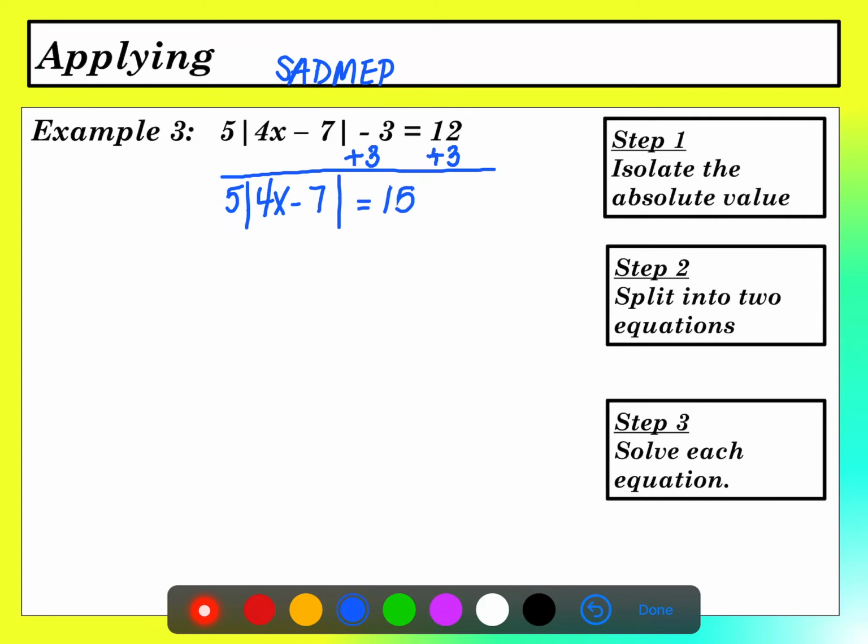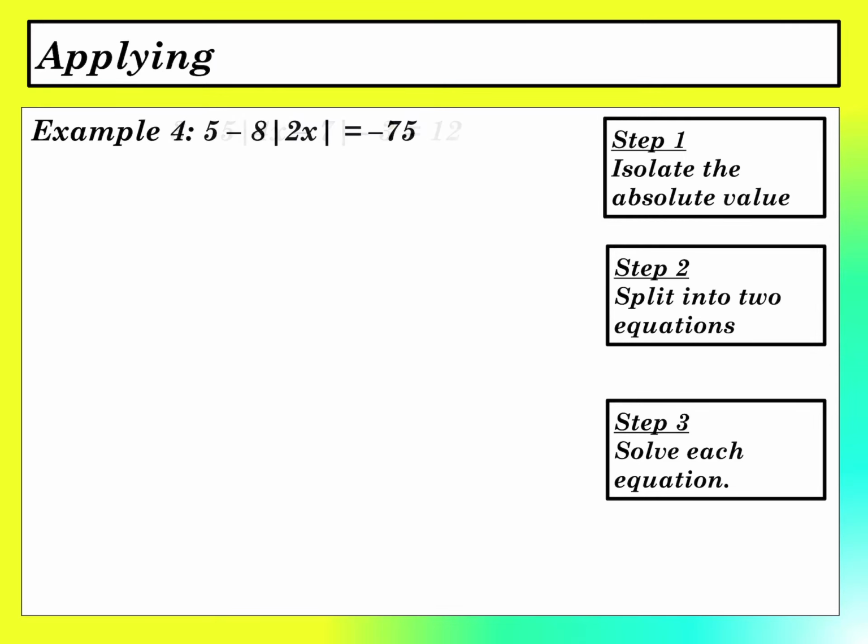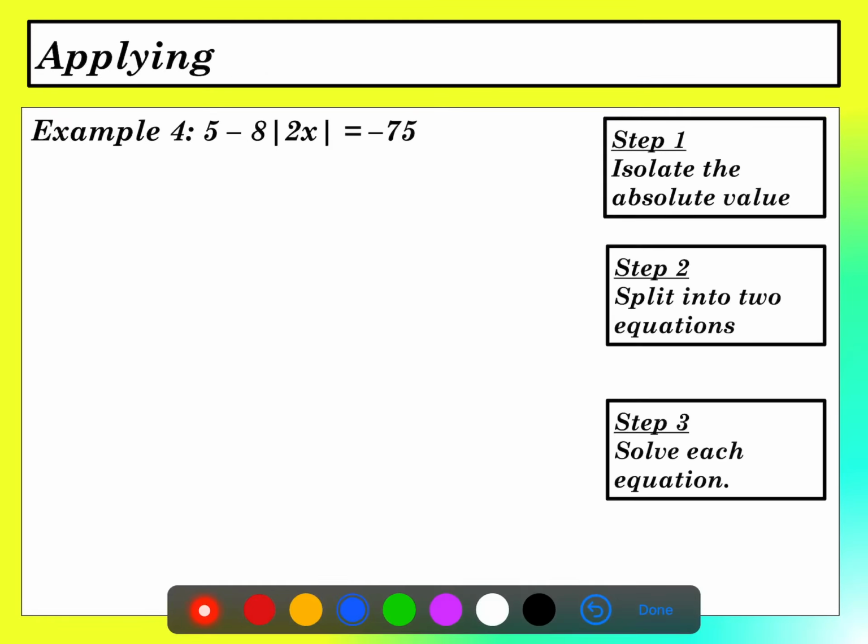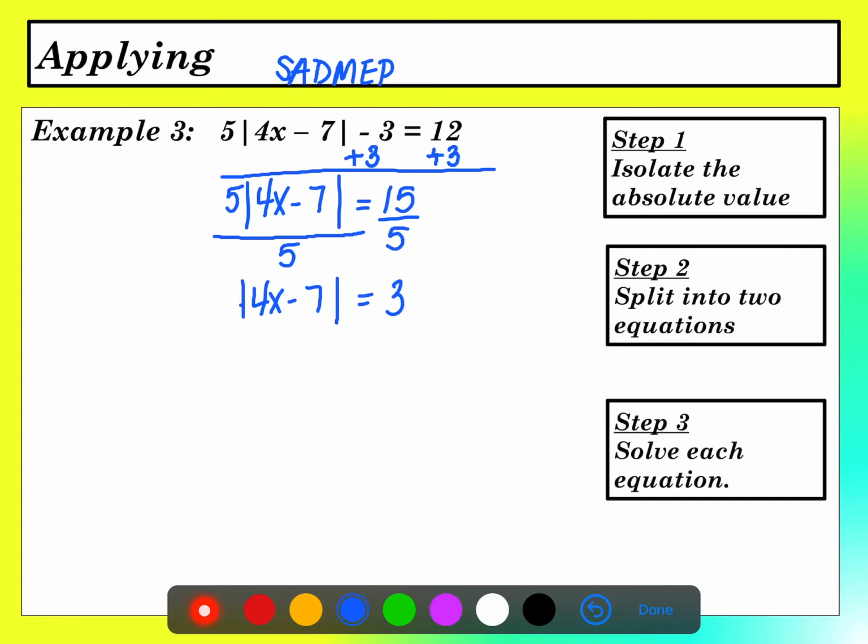Okay, now the 5 is being multiplied like we saw in the last example. So our second step would be to divide. Okay, it keeps jumping on me, doesn't like this example.